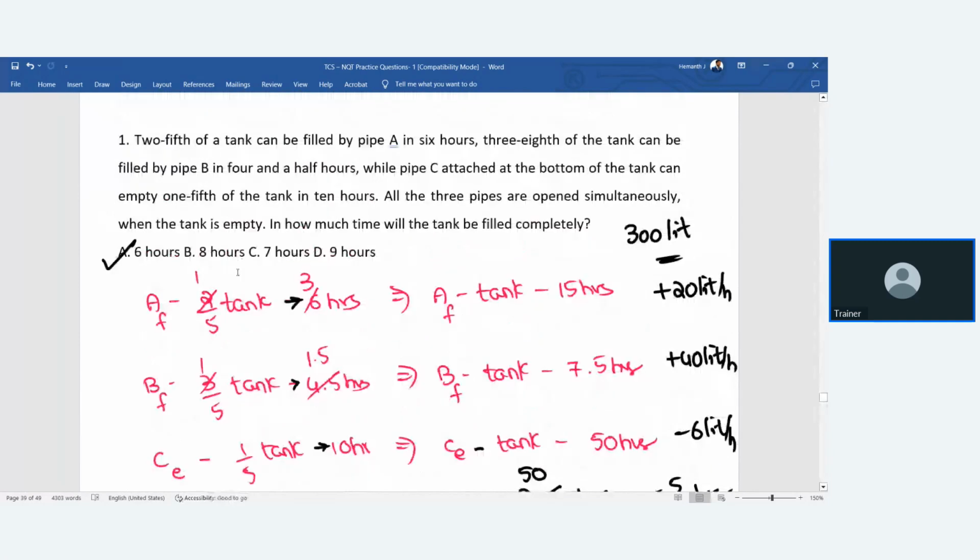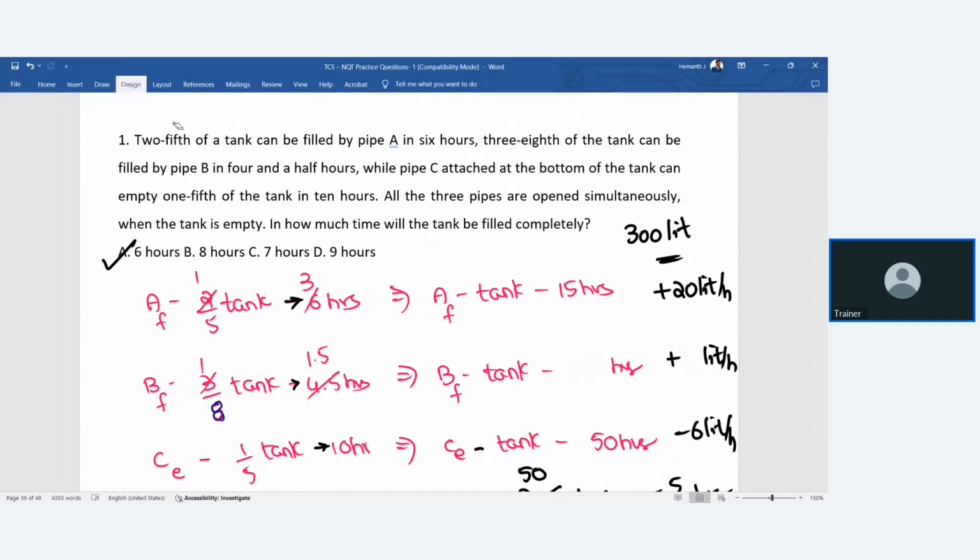But see the calculations before concluding that. If this is 3/8, then this will be 12, and when this is 12, this will be 25.